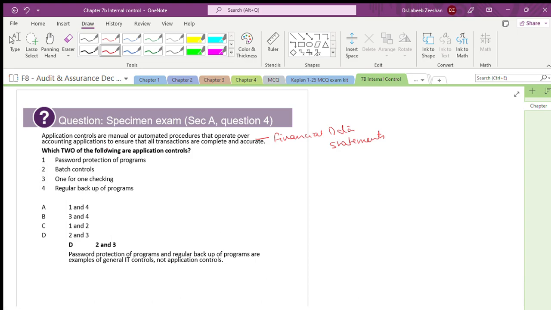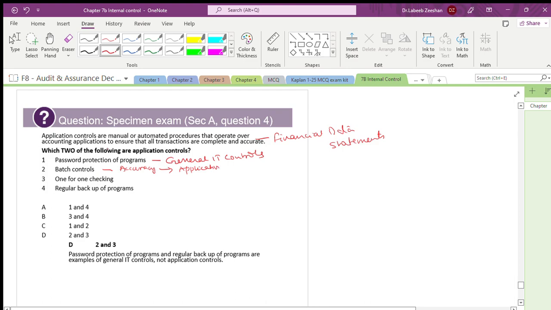Now, password protection of the programs is a general IT control. Batch controls are about accuracy; batch controls are application controls.